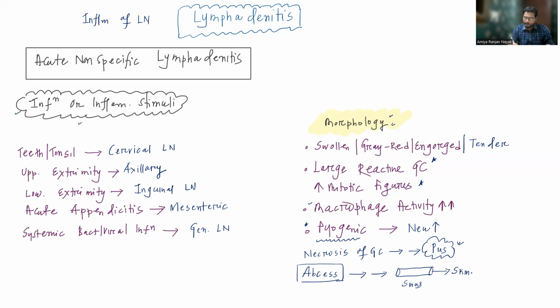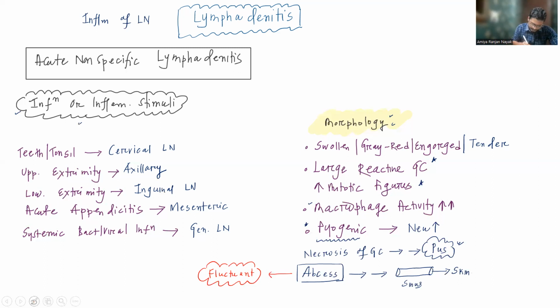Whenever there is abscess formation, the lymph node will become fluctuant. This is the clinical sign that you have to remember.